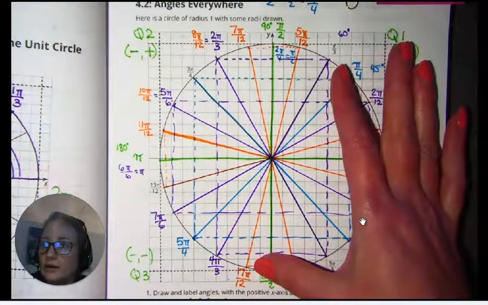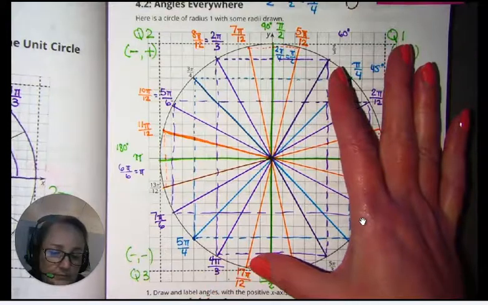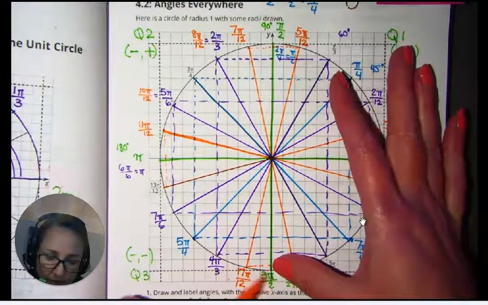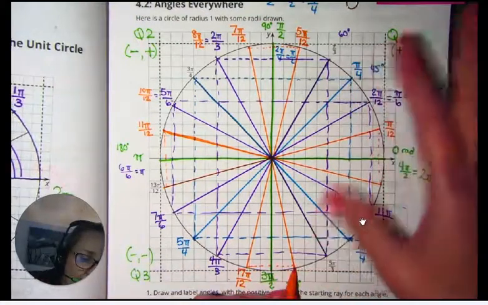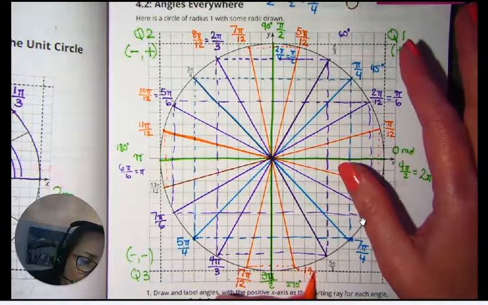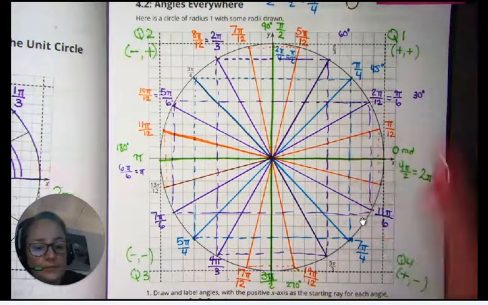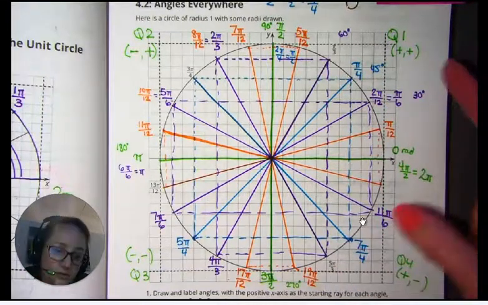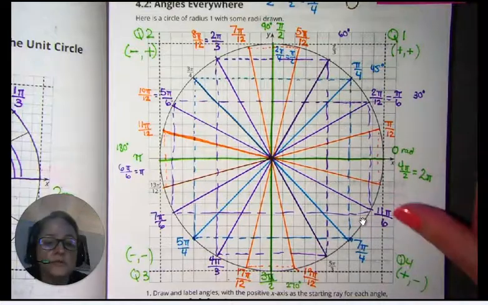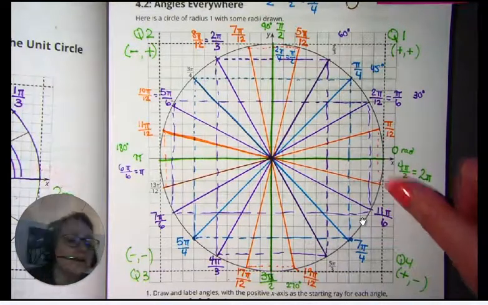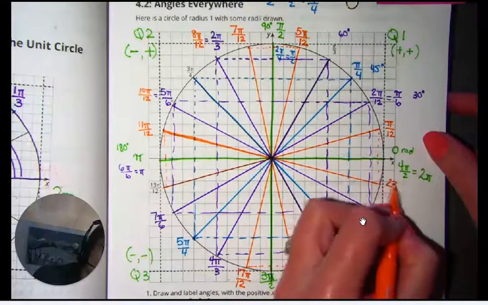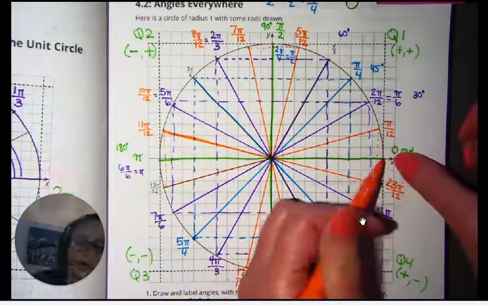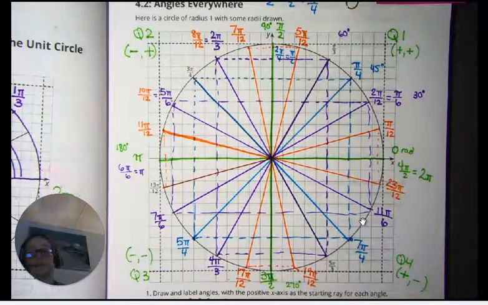That's why we have to write it in here. 18 pi over 12 could be reduced to 3 pi over 2. 19 pi over 12 cannot be reduced. 19 pi over 12. 20 pi over 12. 21 pi over 12. 22 pi over 12. 23 pi over 12. And then as soon as we get to that 24th pi over 12, 24 divided by 12 is 2.